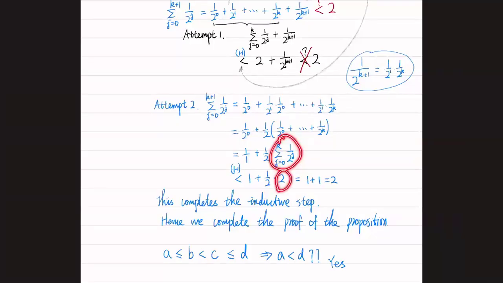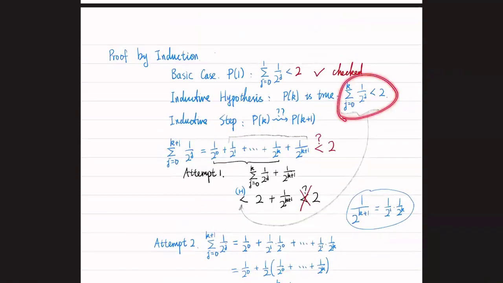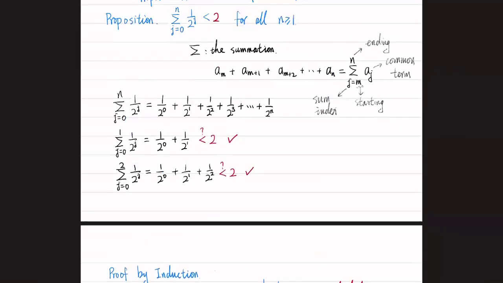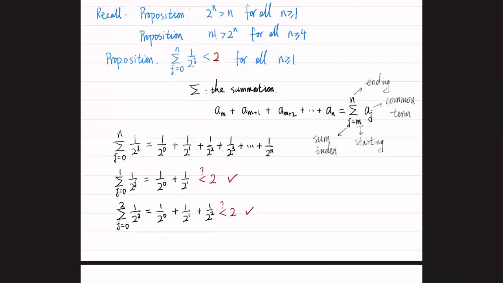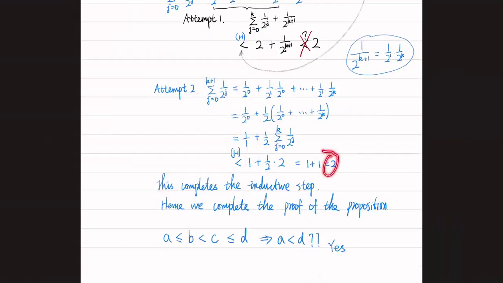You mean this is the hypothesis? Yeah, the hypothesis is less than 2, the result is equal to 2. I'm not sure, so the result here or where? You mean here? Yeah.